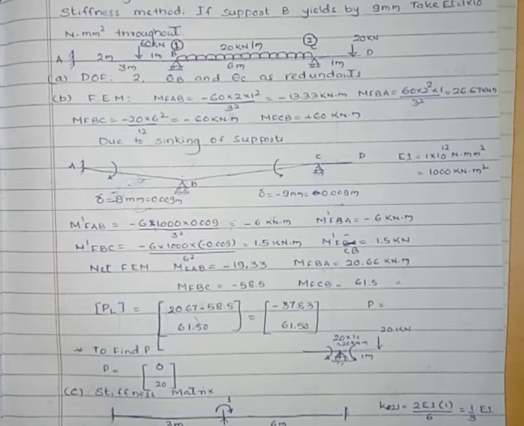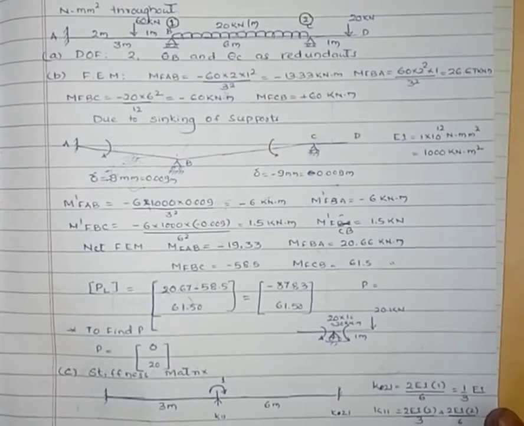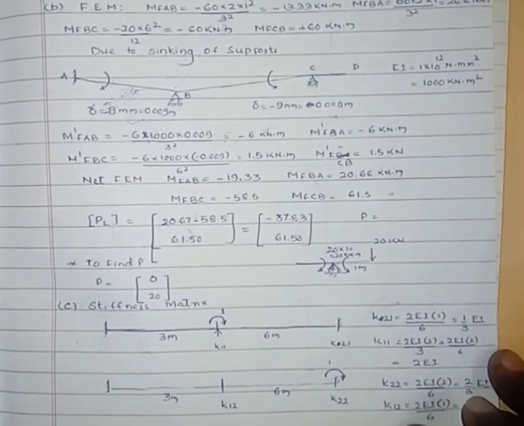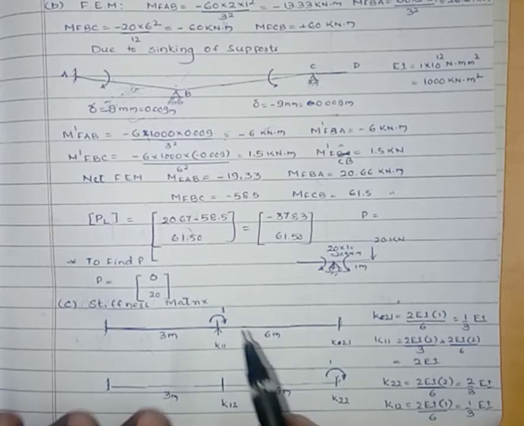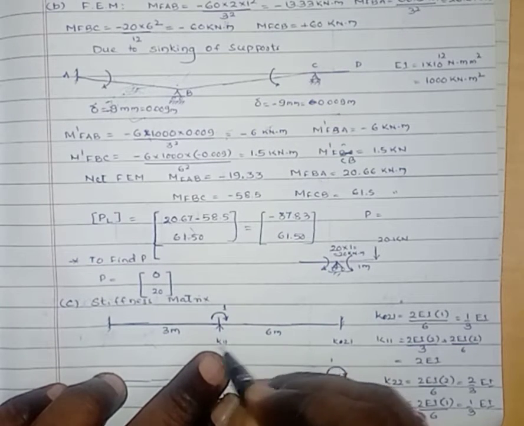Then we have to calculate the stiffness matrix, by applying the unit rotations at coordinates 1 and 2 separately. First we apply the unit rotation at 1 as shown in the figure. Here the unit rotation is in clockwise direction.